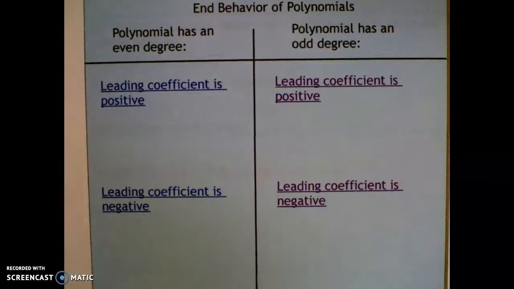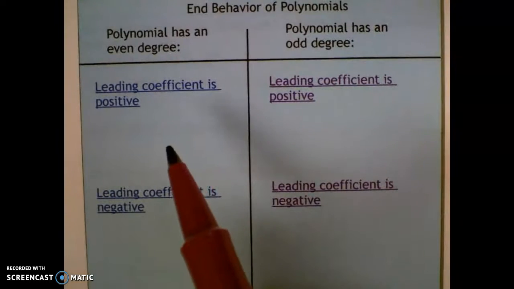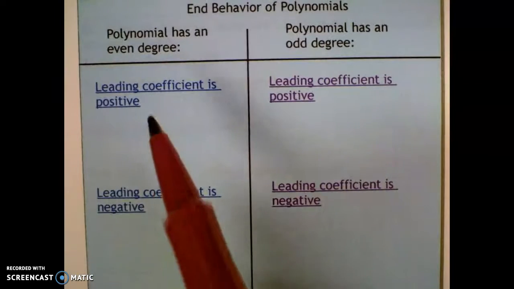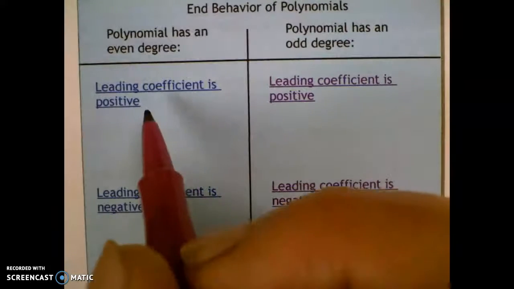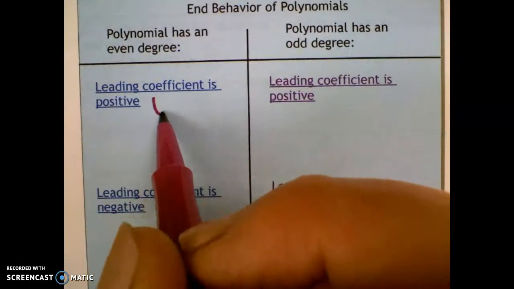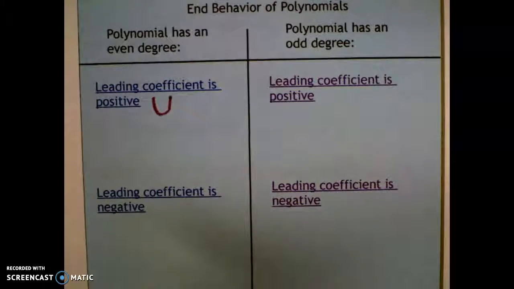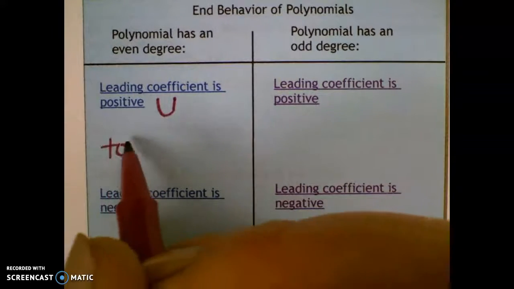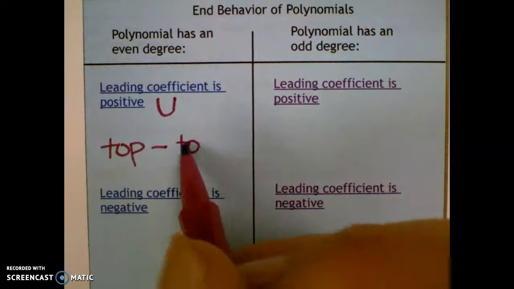So we're going to put that all together in a nice little chart. What we looked at first was an even degree polynomial. Now, what you have to decide is, is it even, and then is it positive or negative? If it was positive, it followed x squared. So the end behavior went from the top to the top.